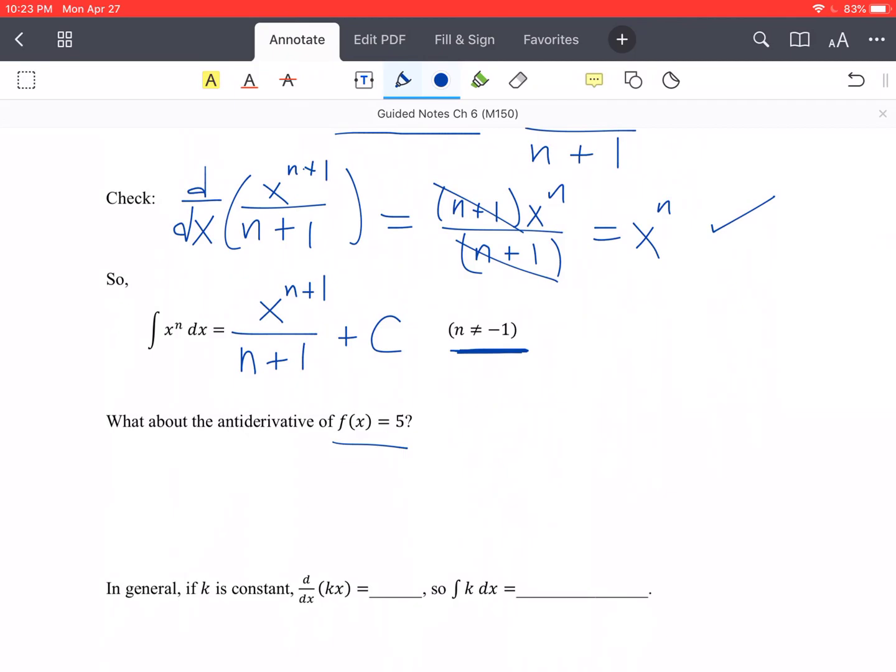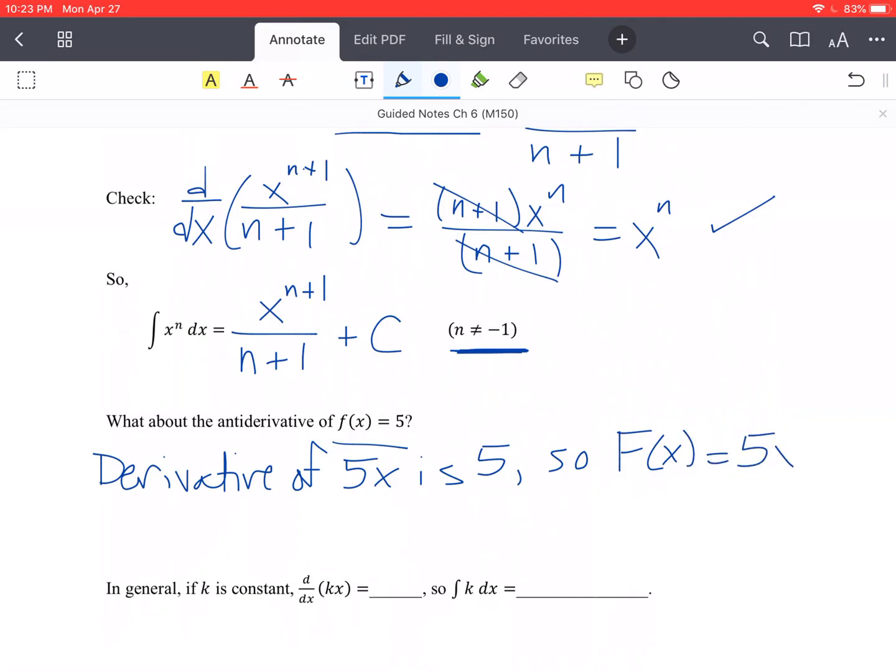Well, we know that the derivative of 5x is 5. So we can say that 5x must be an antiderivative of 5.